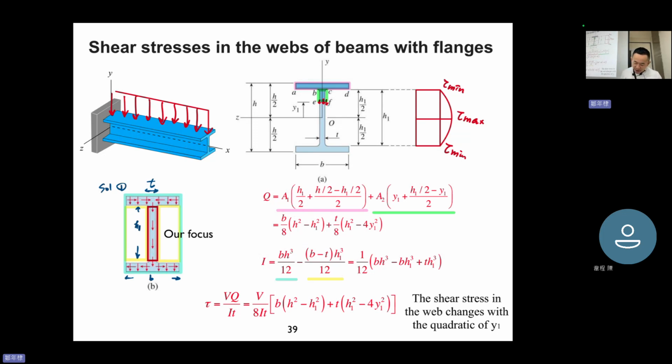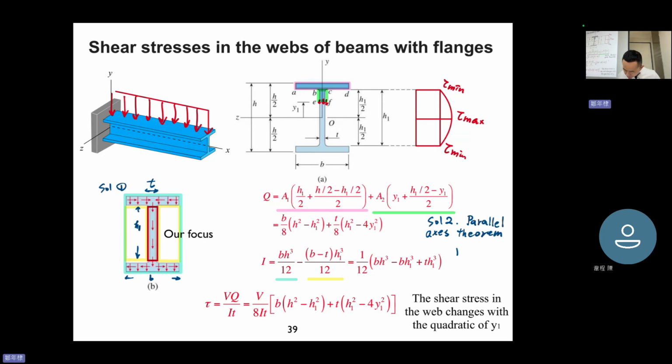Or you can have the second solution. It's relatively difficult, but I encourage you to do that, to practice using the parallel axis theorem.